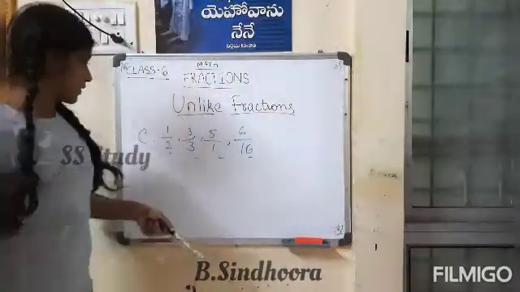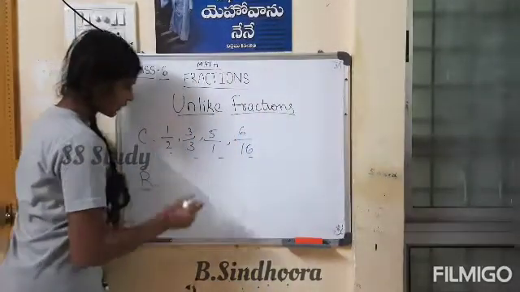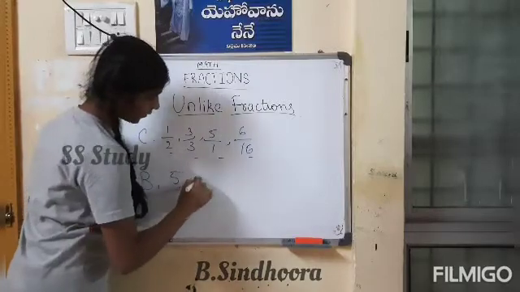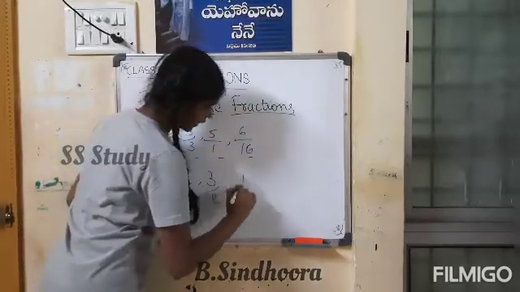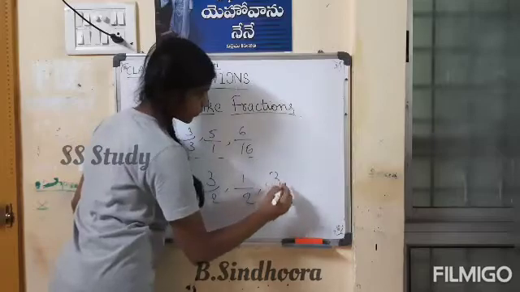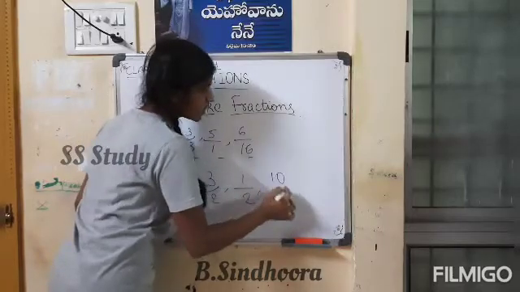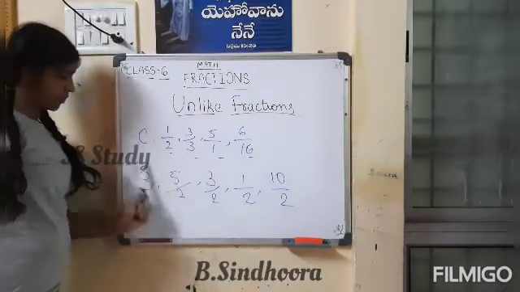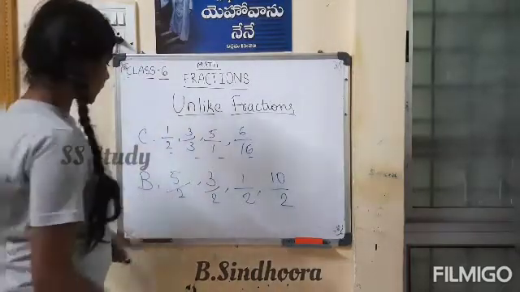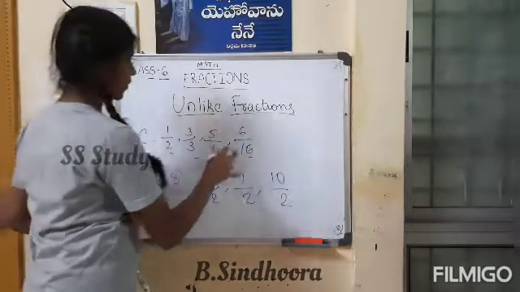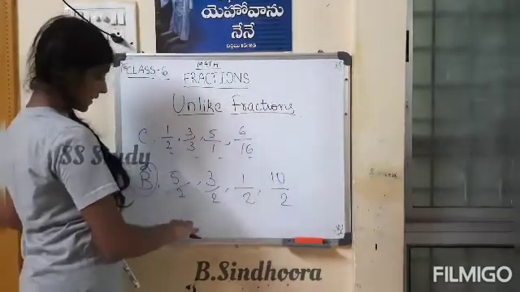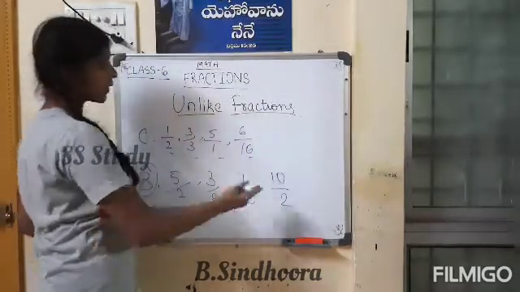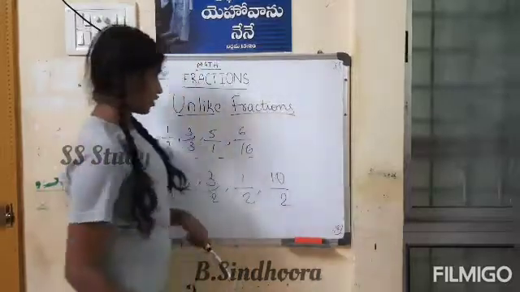If the teacher asks which groups are like fractions, circle them, or circle the big letters, C and D. So which one will you circle? This one, because they have different denominators, while the B group has the same denominator. So these are like fractions.